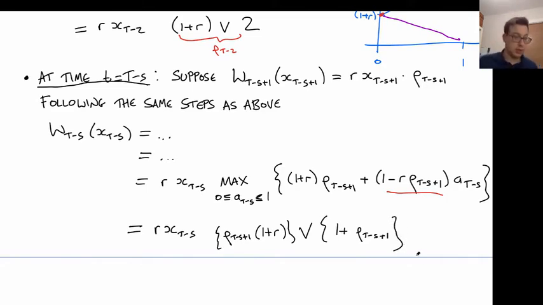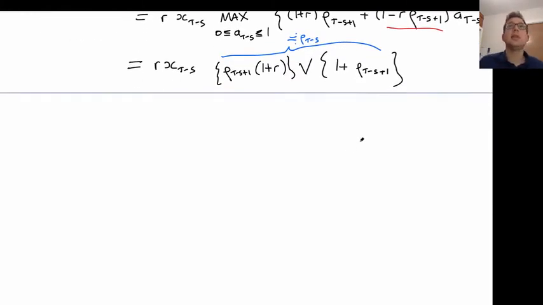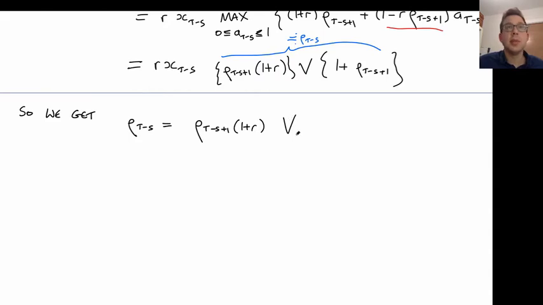Now I could define this to be my new value of rho of t minus s. So what we arrive at is: rho of t minus s is equal to rho of t minus s plus 1 times max of 1 plus r and 1 plus rho of t minus s plus 1. Remember this max means the maximum between this term and this.